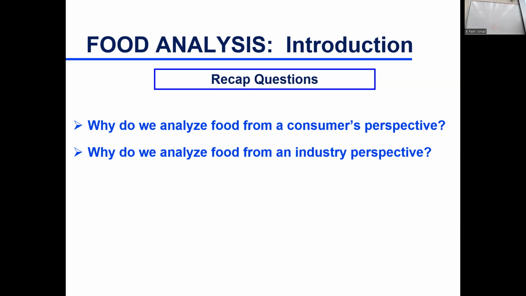Why do we analyze food from an industry perspective? We started talking about that last time. We gave one example, but do you remember? Can you say your name first? Jason. Cost, of course. The industry is always looking to reduce cost and enhance profit, so they will be looking at replacement ingredients for that. If we're changing an ingredient, it's changing formulation, how would that impact the product?